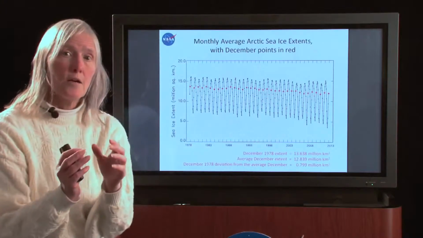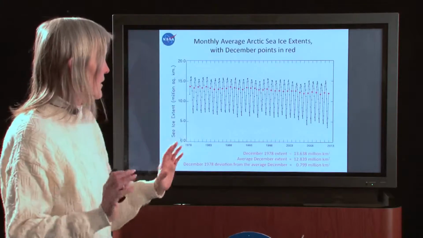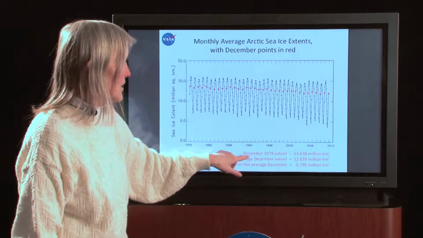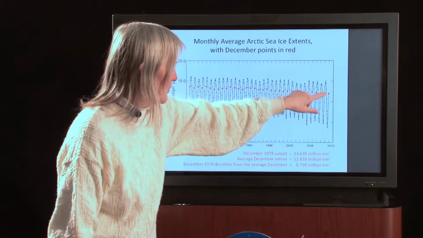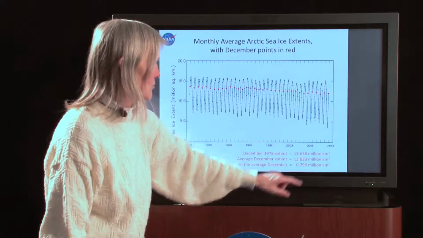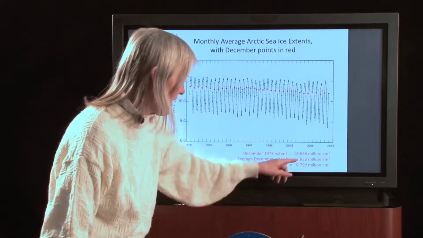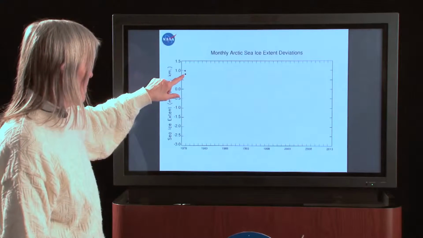So again, we're not comparing it with March and July or any other month, just December. And we subtract the average of all the Decembers. So all those points, average them out, and we get 12.839 million square kilometers. And we subtract, and we get 0.799 million square kilometers.